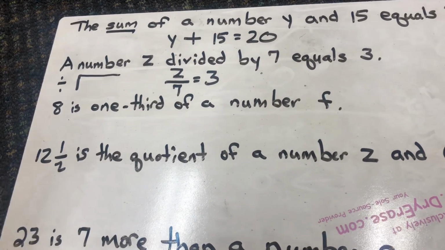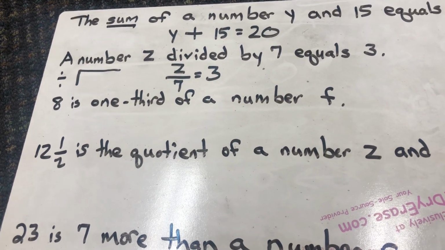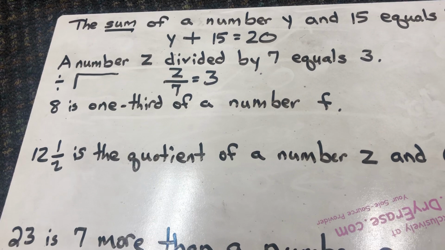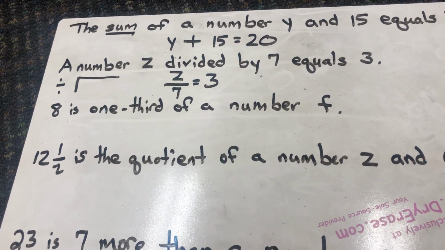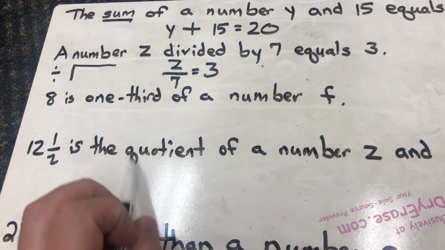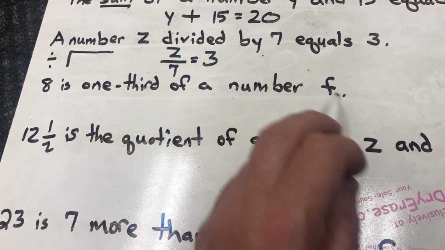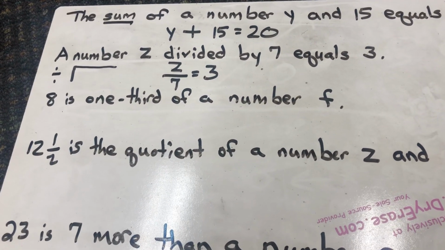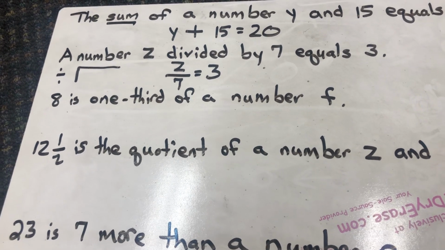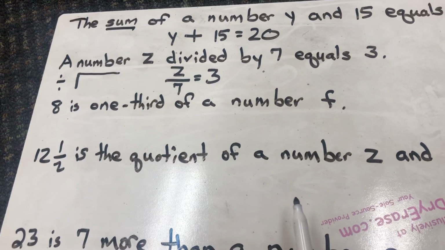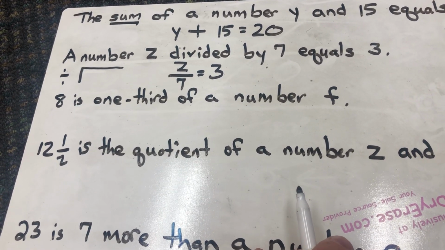8 is 1/3 of a number f. Okay? So when we're talking about trying to figure out what 1/3 of a number f is, that is going to be multiplication. If I want to figure out what 1/3 of something is, I'm going to multiply it by 1/3.